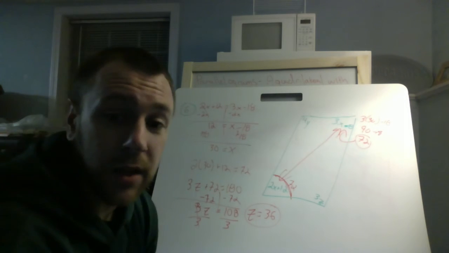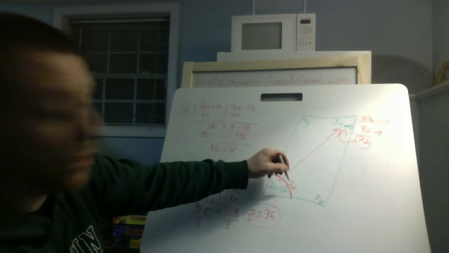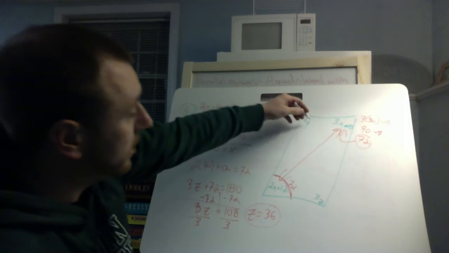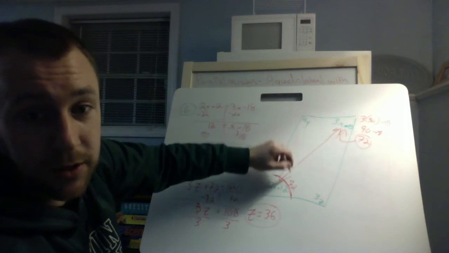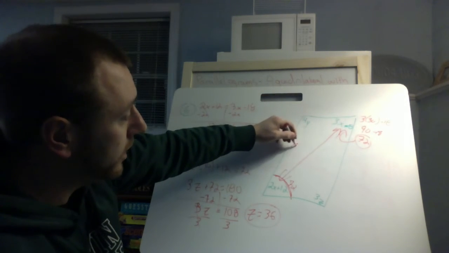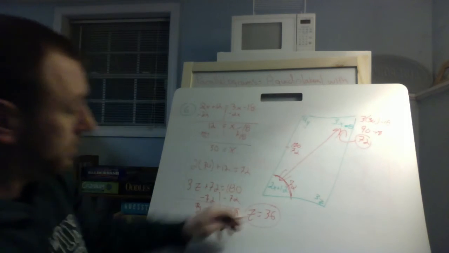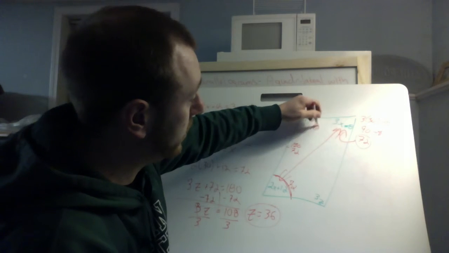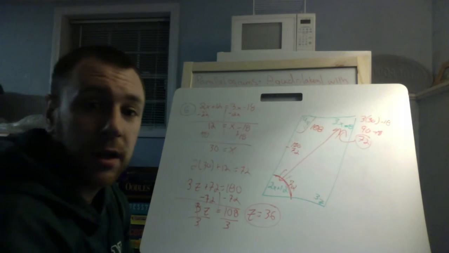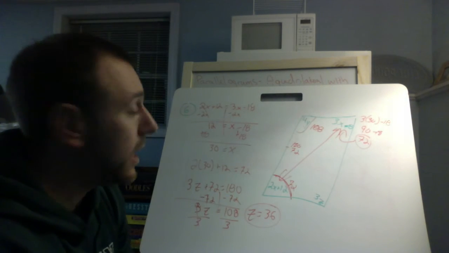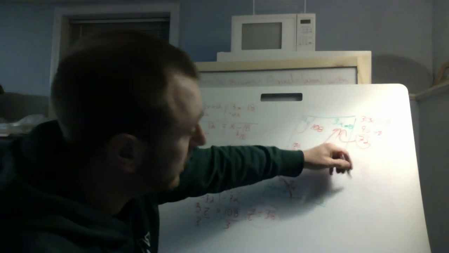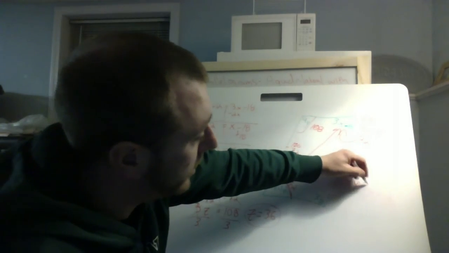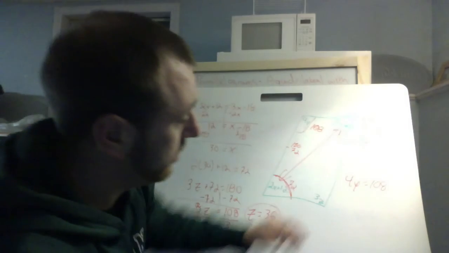I could also do it another way, where if I know this is 72, I know these two are going to add up to 180. I can do 180 minus 72, which is 108, and then I would say 4y equals 108.